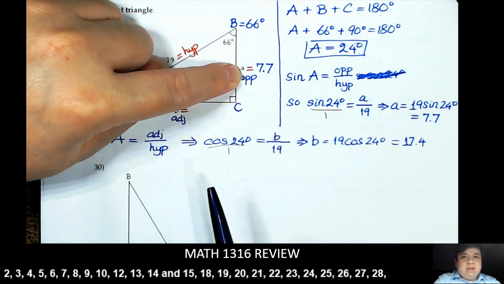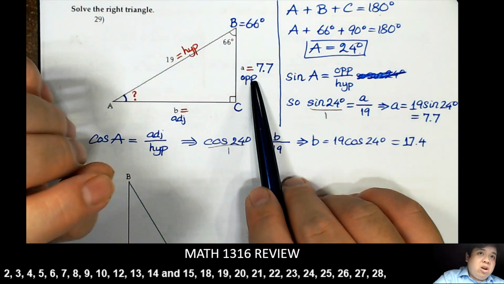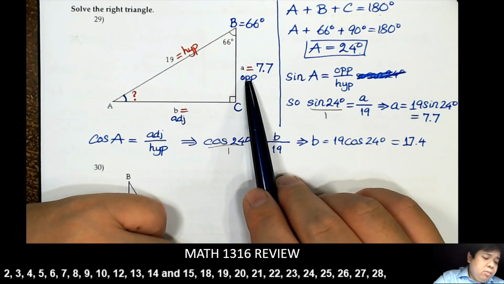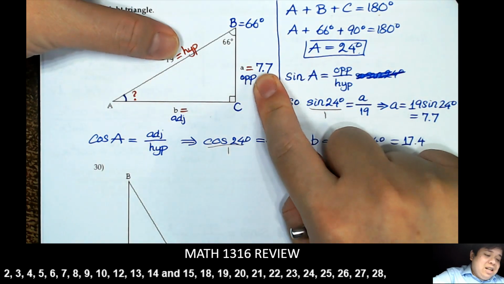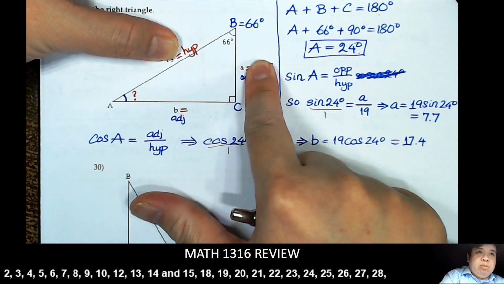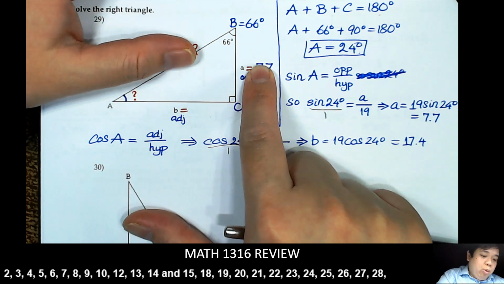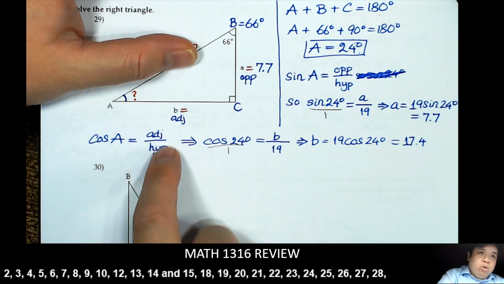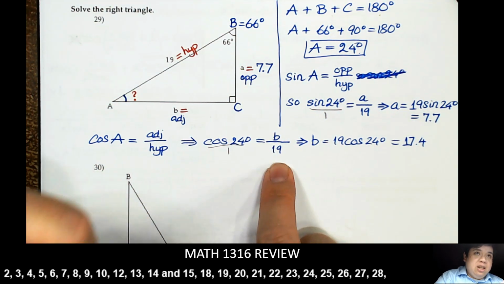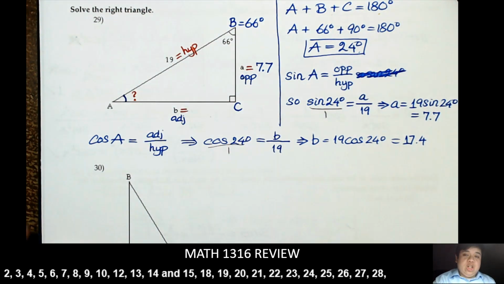Since this is not an exact value, we do not want to use a calculation based on anything that is not exact, because the error might be magnified. So instead of using 19 and 7.7 to find b using the Pythagorean theorem, I don't want to use 7.7 because that is not given, that is not exact. So that's why I will go with cosine equal to adjacent over hypotenuse. 24 degrees is exactly 24 degrees. 19 is exactly 19 because that's what's given. And so the calculation will be better.